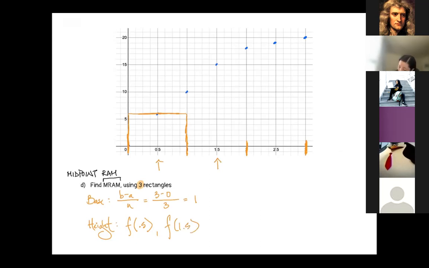That means if I draw this for the second rectangle, is that correct or incorrect? What do we think? Did I draw the right picture for that second rectangle?